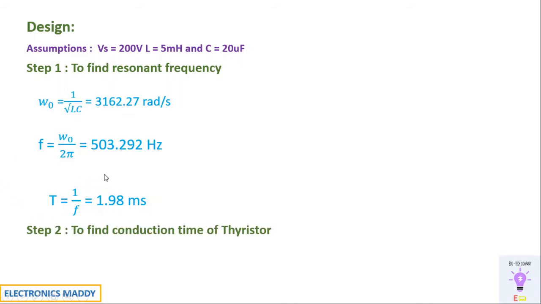Once this is done, our next step is to find the conduction time of the thyristor. The reason why this is important is because only when we know how much time the thyristor should conduct can we start turning off the thyristor after that particular point of time. That is given by T naught is equal to pi by omega naught. You will be getting 0.993 milliseconds. This is a very important aspect with respect to our design. How is this aspect important in another way? It will help us to find the duty ratio.